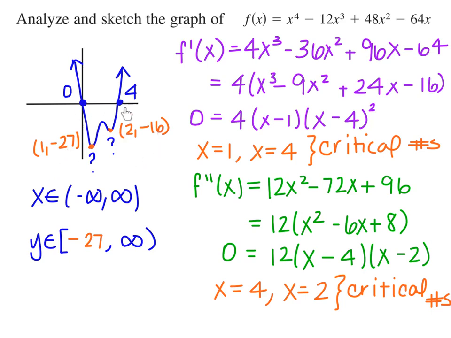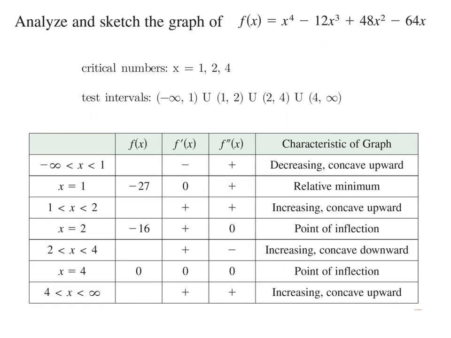Now I'm not quite sure if that's exactly the shape at this point, but I can tell that those are probably my points of inflection, or relative or local max or min actually. So that helps me figure out that the lowest point, or where the range starts, is going to be negative 27. So this leads me to testing different intervals around my critical numbers of x equals 1, 2, and 4.